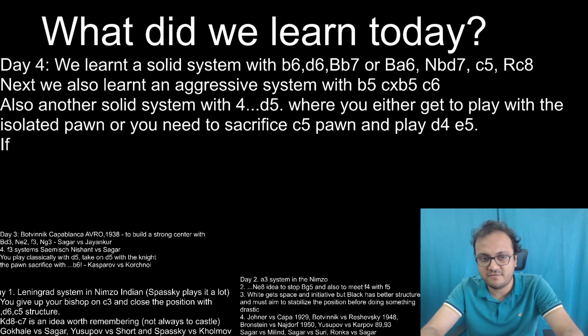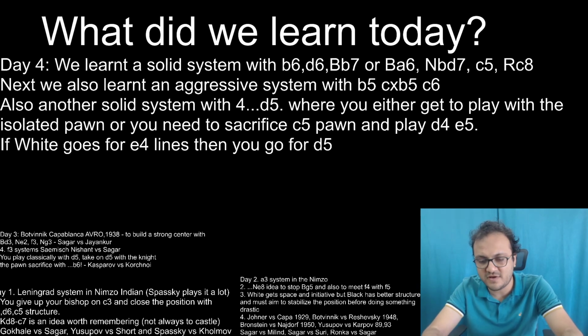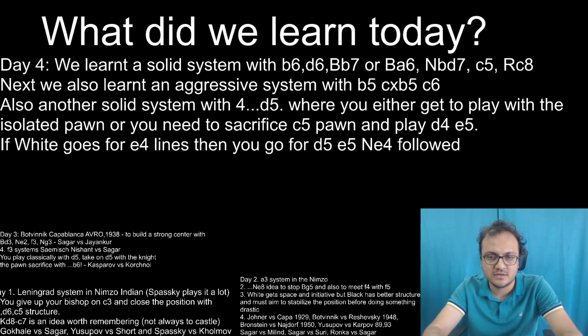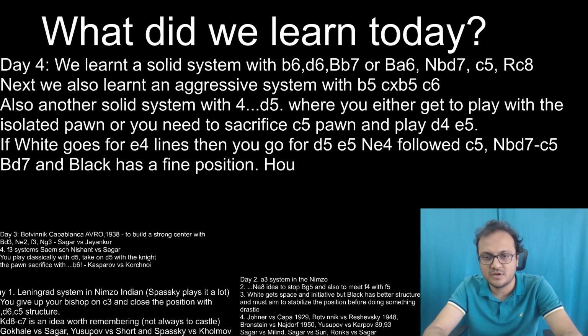And lastly, if white goes for e4 lines, then you go for d5, e5, knight e4, followed by c5, knight bd7 to c5, and then bishop d7, and black has a fine position. This is Hoyifan game, Ushanina versus Hoyifan, just so that you remember.